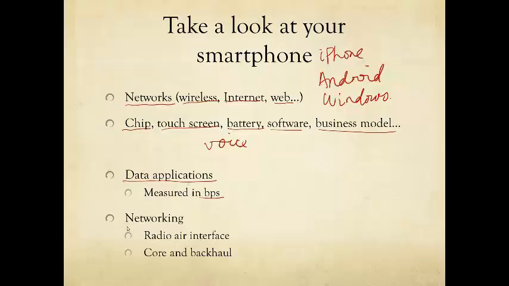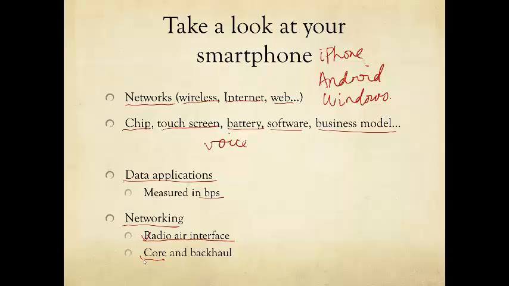Now we'll be focusing naturally on the networking dimension of smartphones. And it traverses actually a few different networks. First of all, the radio air interface between your device and, for example, the base station of cellular networks. That's the focus of today's lecture. And then it goes through what's called a cellular core network, which is a wireline, a landline network.